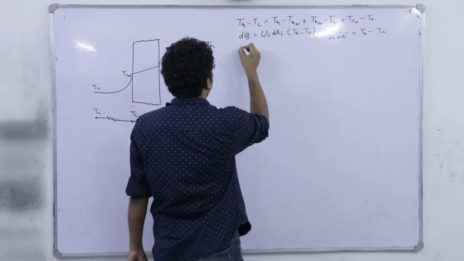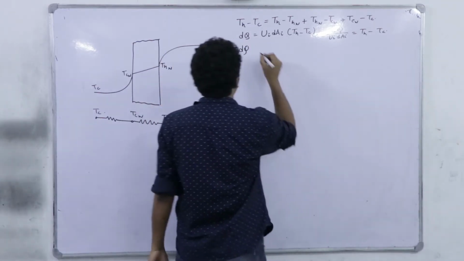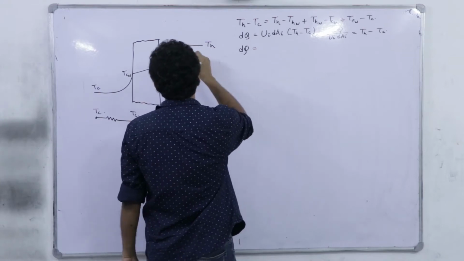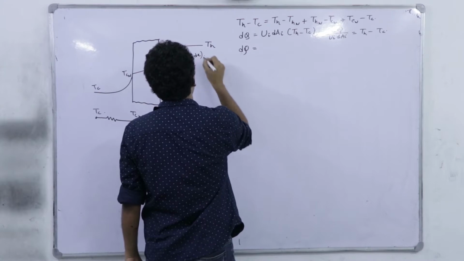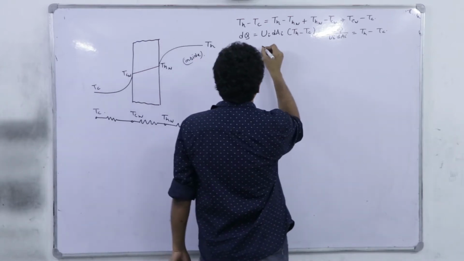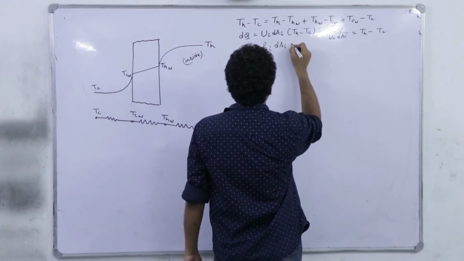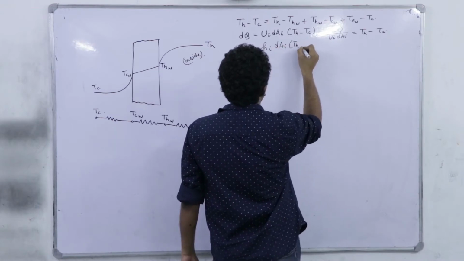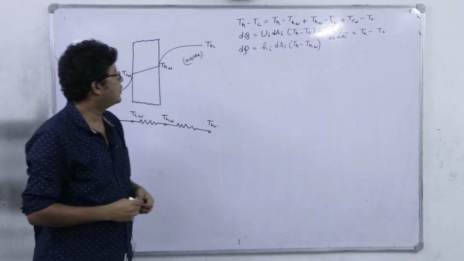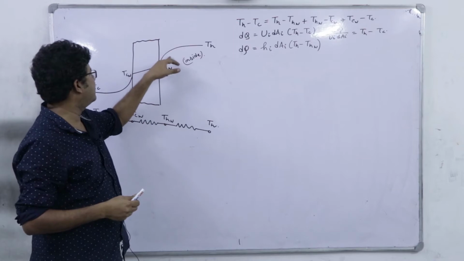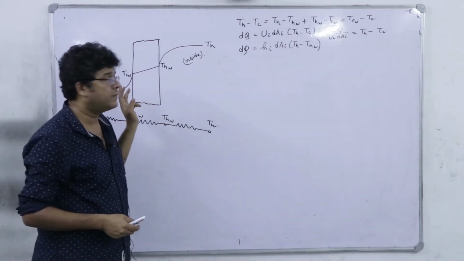Now, for this film of hot fluid, let us say it is inside, dQ is equal to HI into dAI into TH minus THW, right. Heat transfer under steady state in this film, through this metal, and here must be the same as the overall rate of heat transfer.